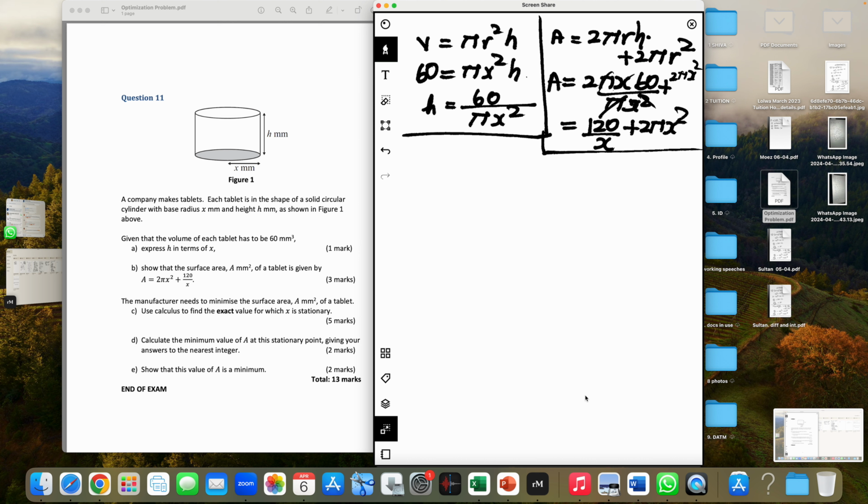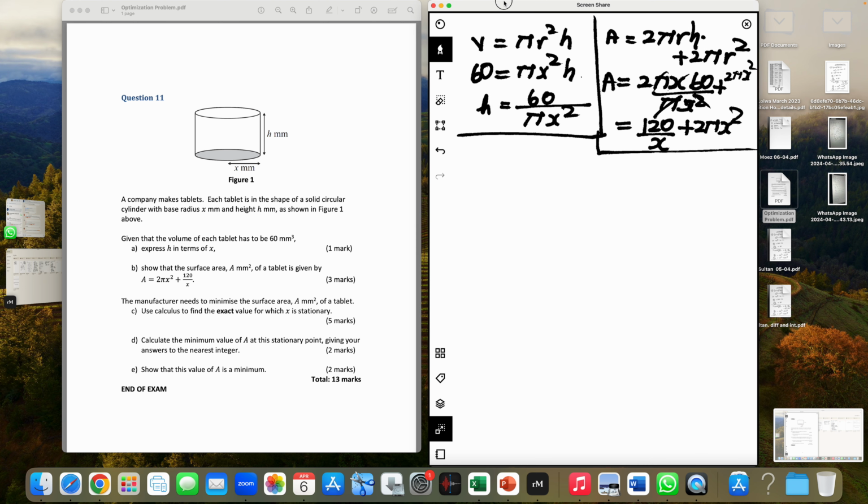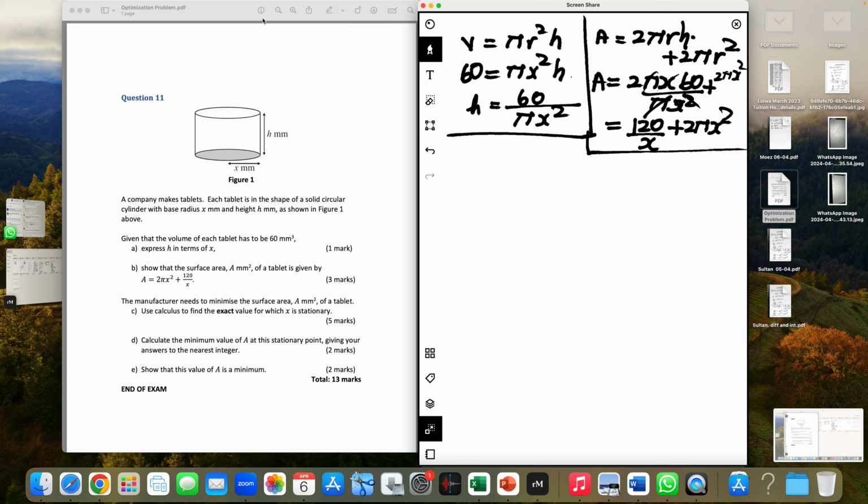Now what do we want? Now question C: use calculus to find the exact value of x for which A is stationary. Okay, stationary means dA by dx is equal to 0.